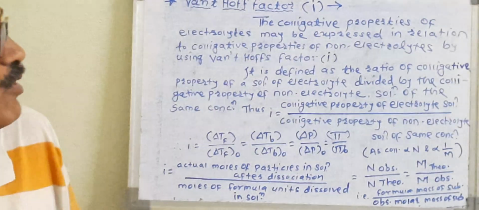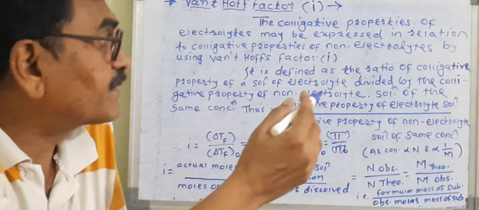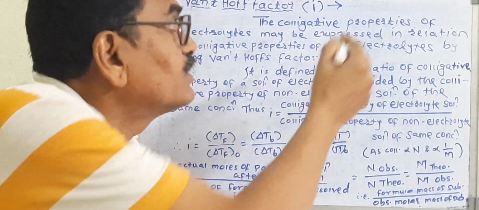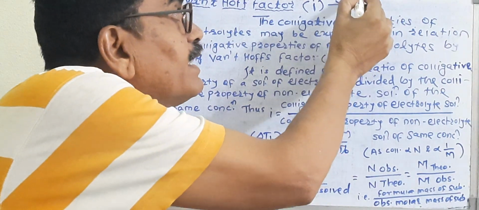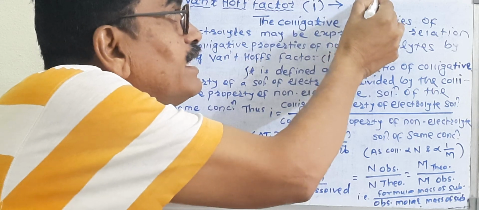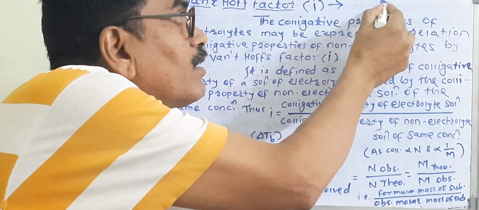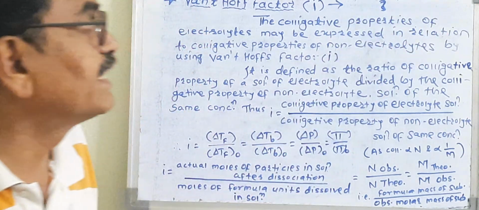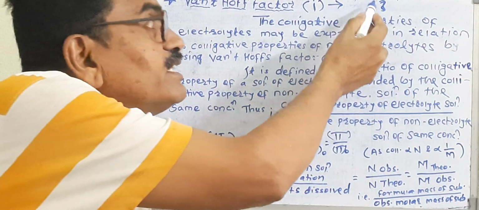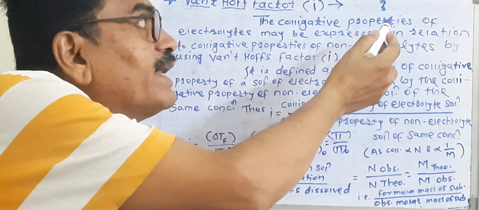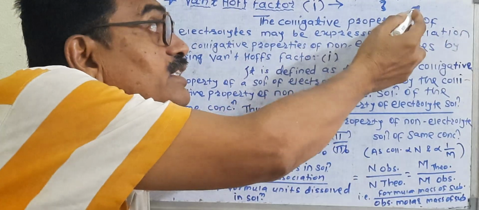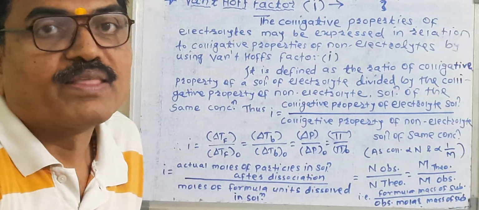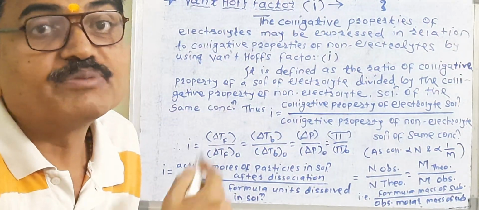But now see, for solutions such as KNO3, that is an electrolyte, or NaCl. KNO3 dissociates into K plus and NO3 minus. NaCl dissociates into Na plus and Cl minus. For these electrolytes, the concentration becomes twice.